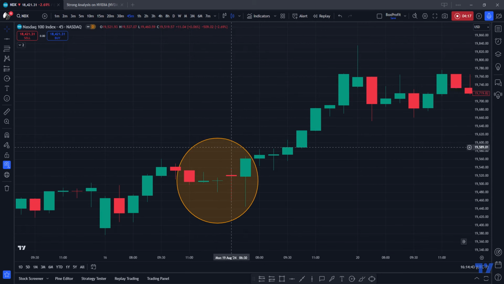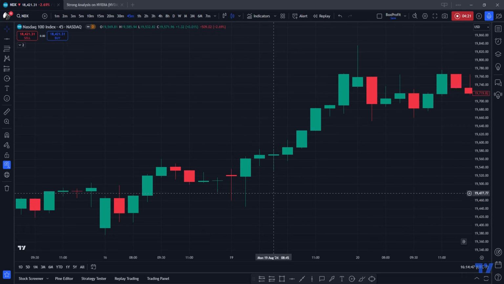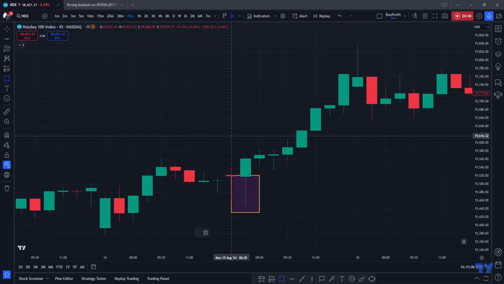And then the other thing that we're going to be utilizing to help us make a better trade is what we call the wick. By a wick, I am referring to the tail, the long tail of a candle, either at the bottom or at the top of the candle.